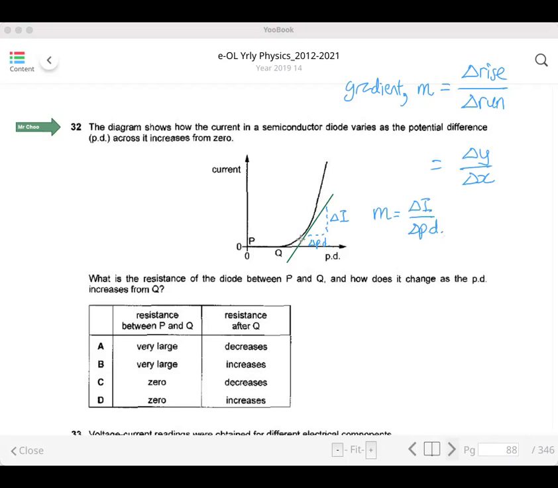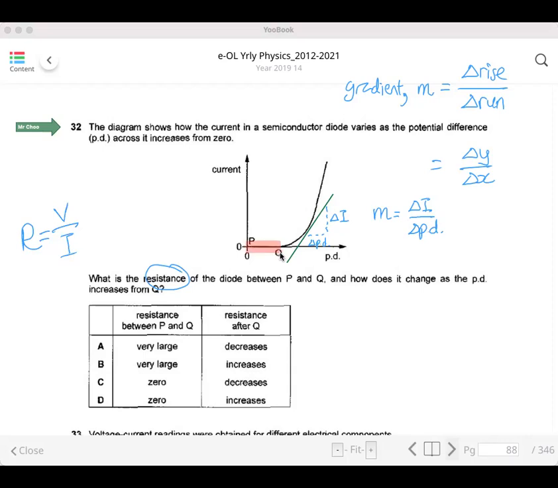Then the next thing all of you need to do is to find the resistance, which is V over I. To find the resistance, you need to find the V over the I. Let's do the first part, P to Q. Let me highlight the point. P to Q is from here to here. Can you see?